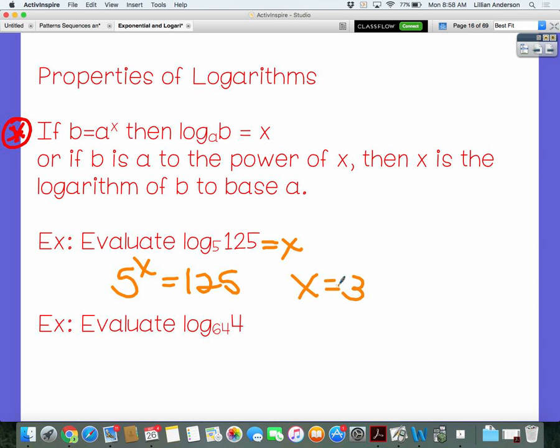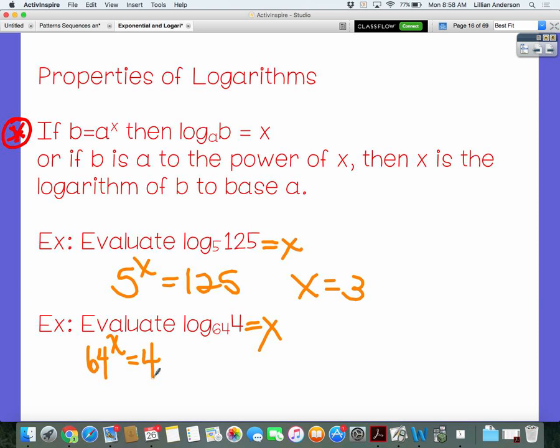Let's take a look at this one: log base 64 of 4. Since we're trying to solve, we're going to go ahead and set it equal to x. And how can we set this up to solve this? 64 to the x equals 4.